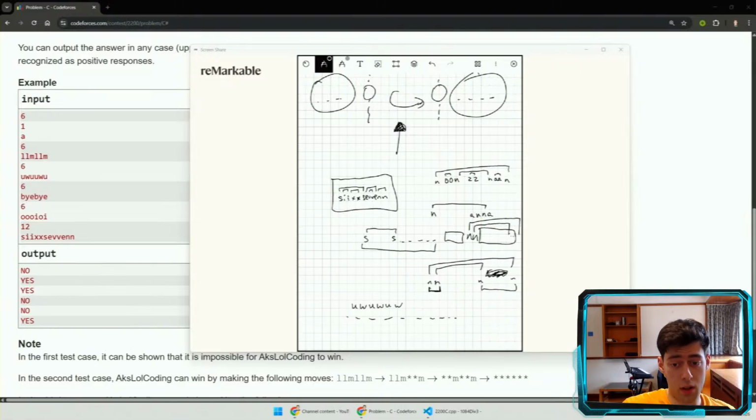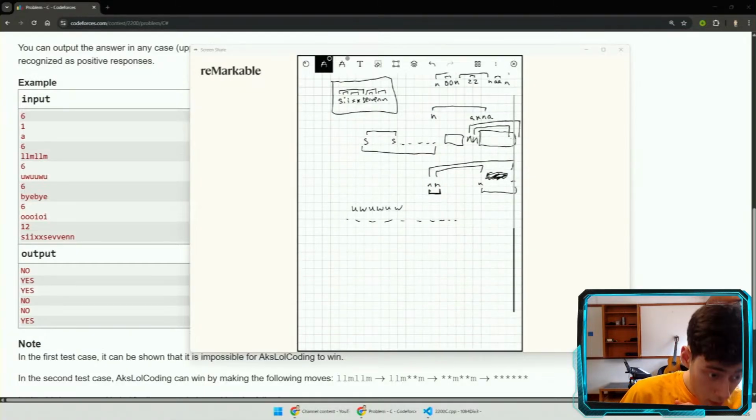Wait, is this a linear time solution? If implemented correctly? Because we have some string, and then we just go through the string. Anytime we see a pair that's equal, we cut them out. And then we just check if the next pair is equal.